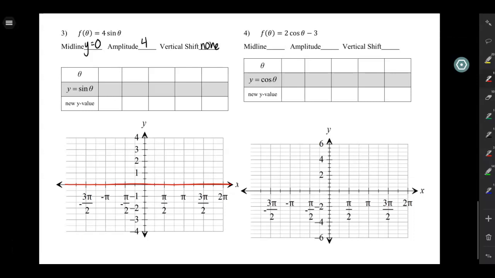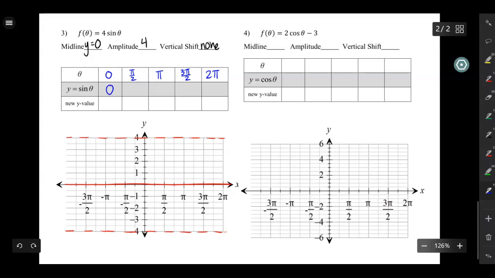And then my amplitude tells me that I can go up 4 from the midline, so I can go up as high as 4. And I can go down 4, so I can go down as far as -4. So this is going to be a fairly tall graph as we start sketching it. So first, let's go ahead and get our parent function values down. I'm always going to start with these same theta values.